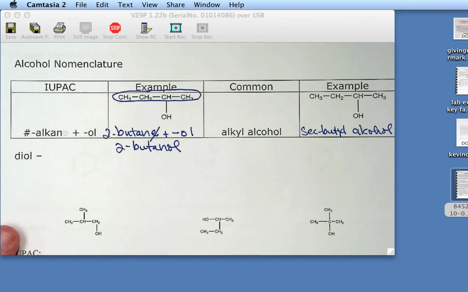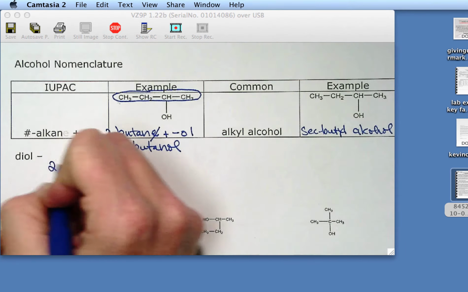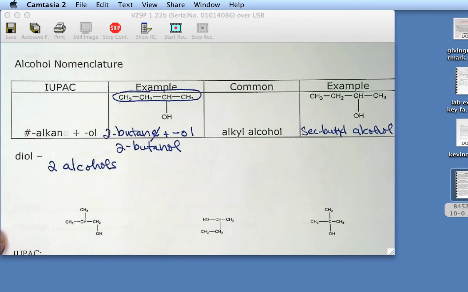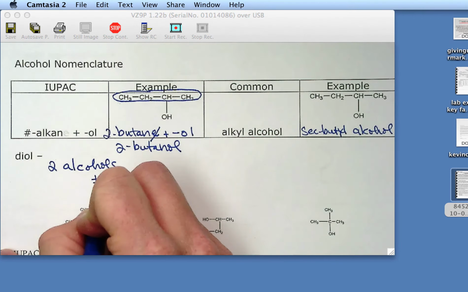All right, what do you think? Remember in Unit 3 we had diene. That was 2 double bonds. A diol is 2 alcohols. Yes, 2 alcohols. So it's the nomenclature for diols.